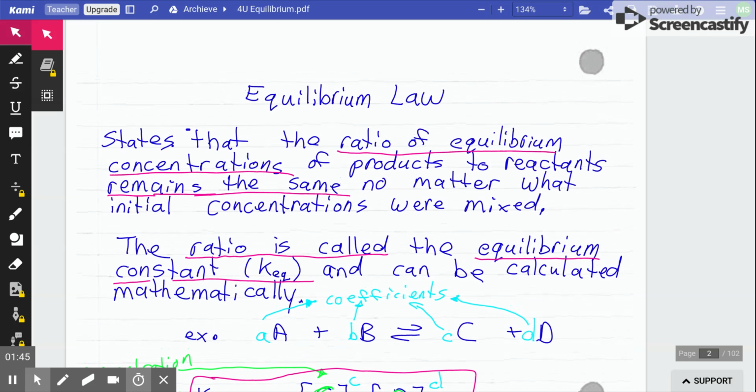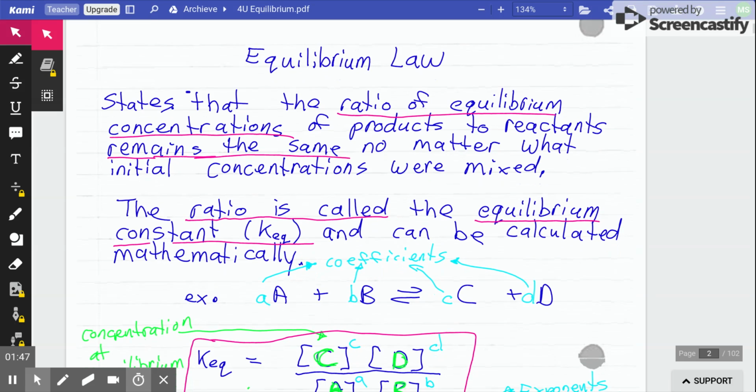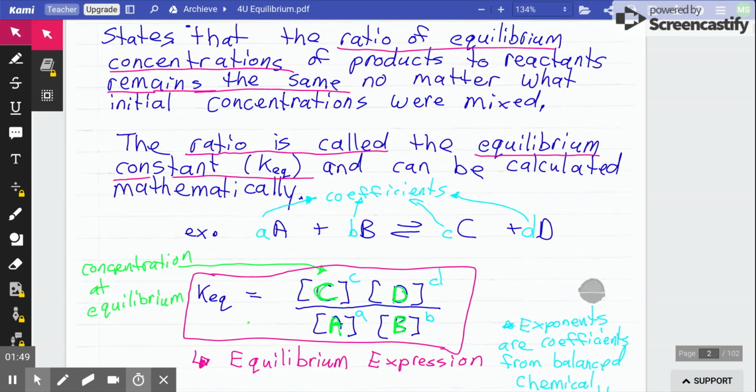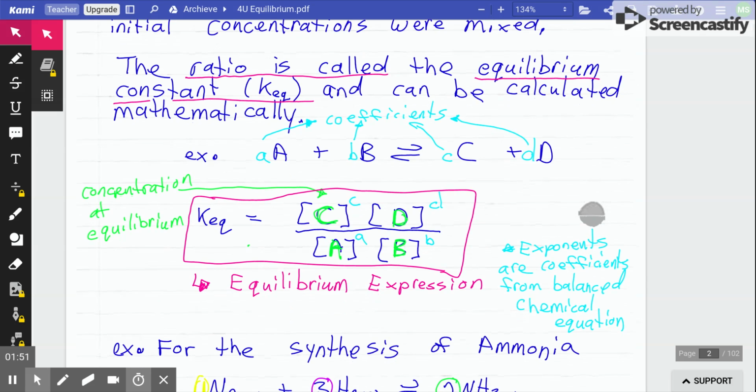So to calculate K equilibrium mathematically, you write it out like this. The concentration of the products to the exponent of their coefficient is divided by the concentration of reactants to the exponent of their coefficients.